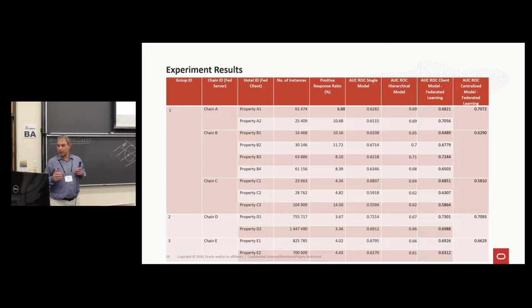In the hierarchical model we shared the data. In federated learning we combined the models instead of sharing the data. So the comparison is really about the last two columns, right? They are both federated learning.